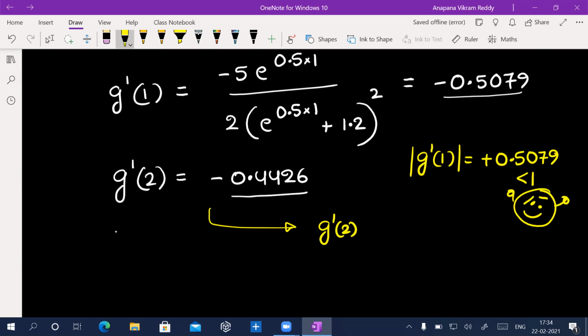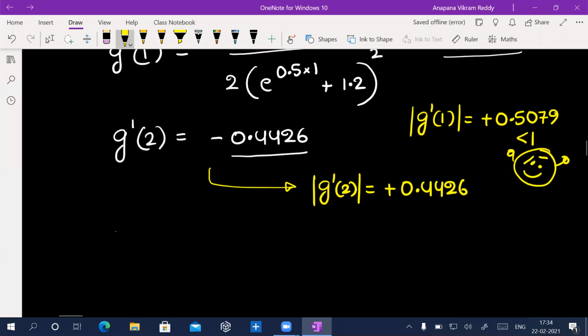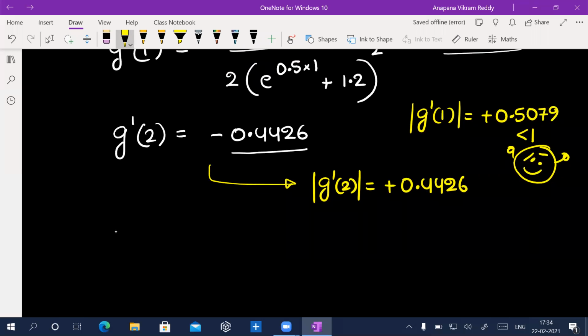So for g prime 2, you find its magnitude. It is again positive, 0.4426. This total quantity is also less than 1. Now I'm very happy.